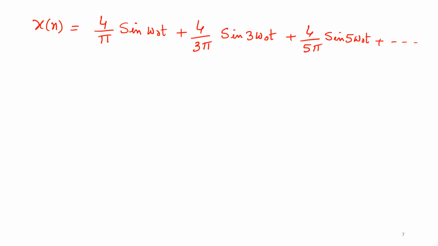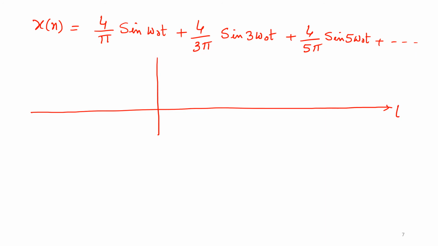Okay, so let us try to understand graphically what is happening. If I draw a little bit bigger, now if I consider this square wave, I write the square wave in red.